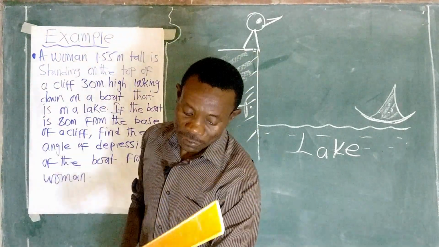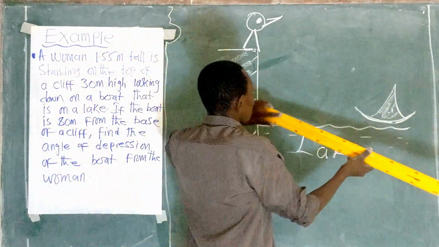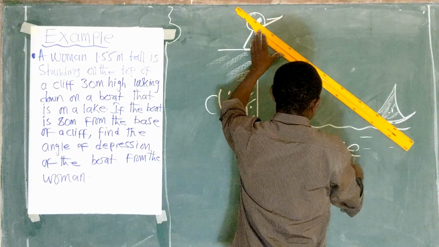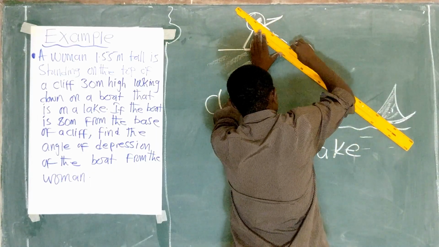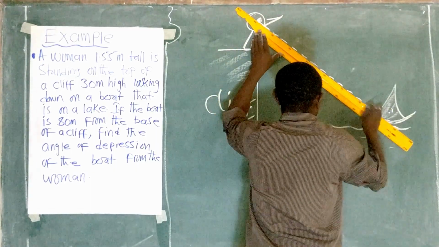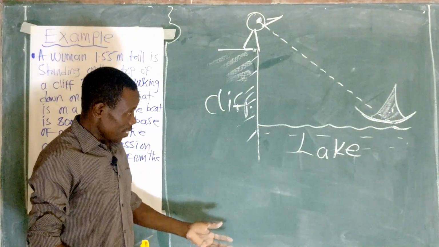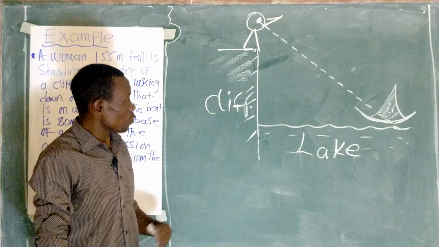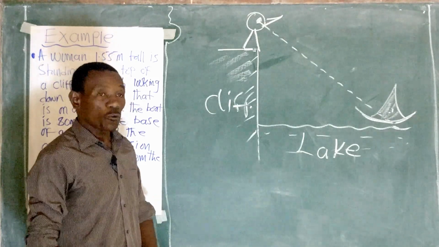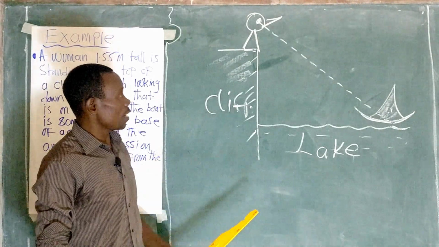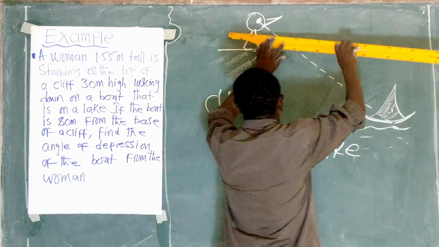You can draw the line of sight represented by this one here. This is the line of sight of the woman. In normal circumstances, if she's not interested in looking at something else, or nothing interferes with her, we should expect her sight to always be in the horizontal line, like this one here.